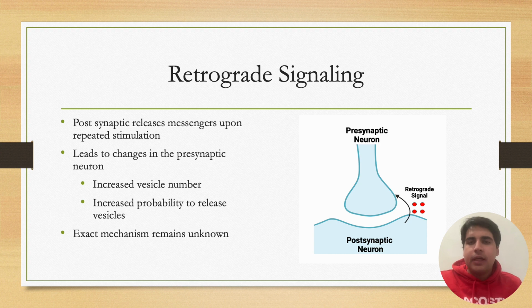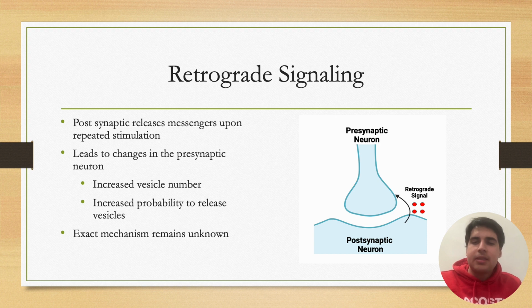So far, we have mostly focused our discussion on the changes associated with the postsynaptic neuron. However, there are also changes to the presynaptic neuron that we should talk about. While this is more controversial and the exact mechanisms remain unknown, scientists think that the postsynaptic neuron can send a signal to the presynaptic neuron to tell it, hey, we are going under long-term potentiation.